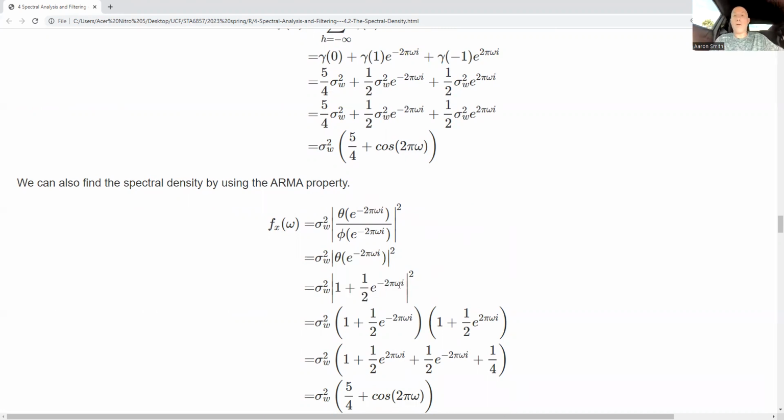And so now I'm just going to compute the absolute value squared, which is the product of it with its conjugate. To do that, I'm just going to do some multiplication. And you'll notice that when I do my multiplication here, I have opposite signs in the exponents. That's because they're conjugates of each other.